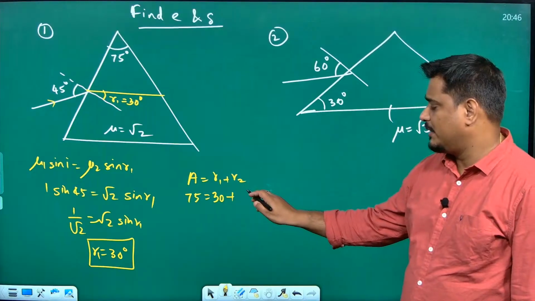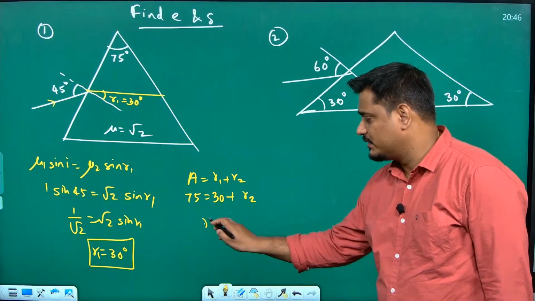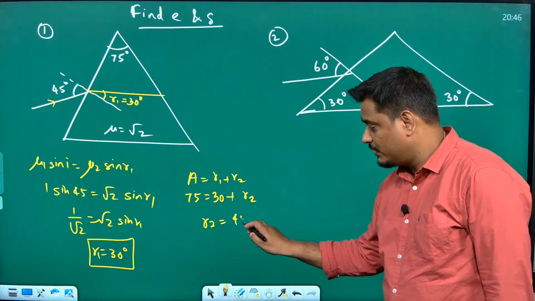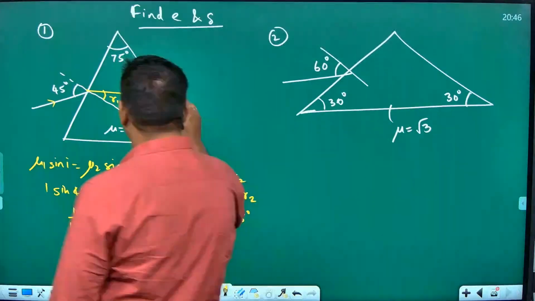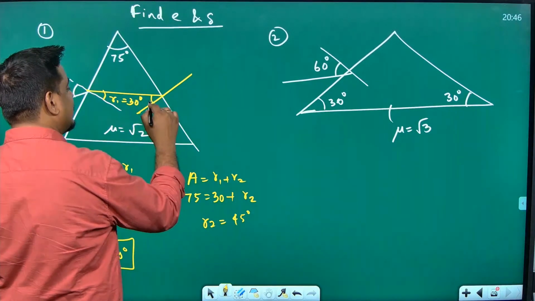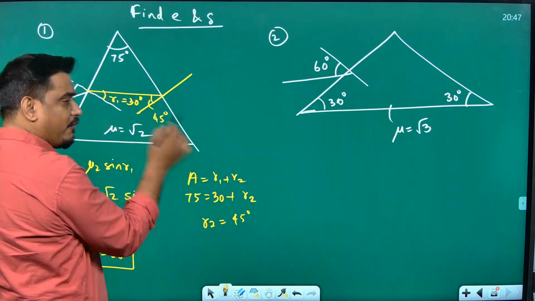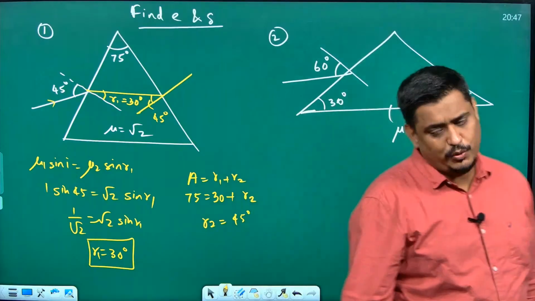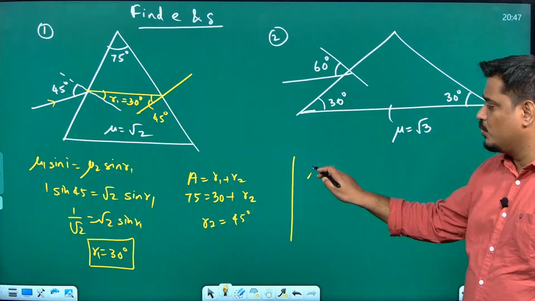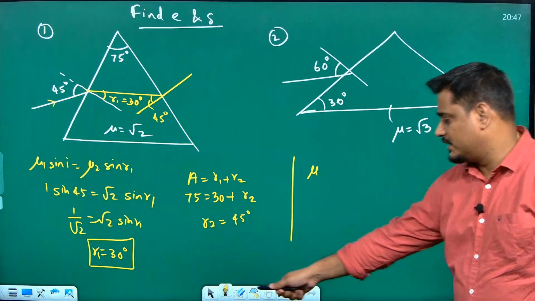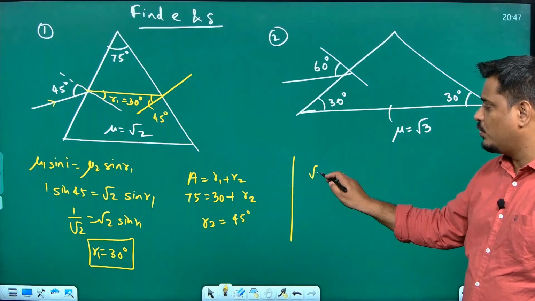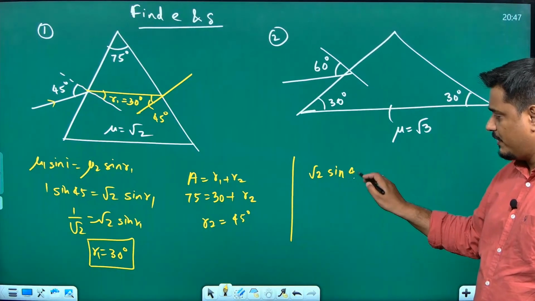What will be R2 then? 45 degrees. Now it will come out with angle of emergence. How to find the value? You will use the formula. Once again, mu, that is root 2 sine 45 is equal to what?